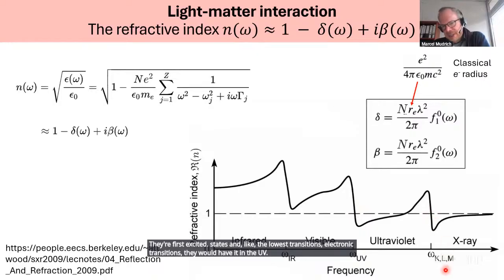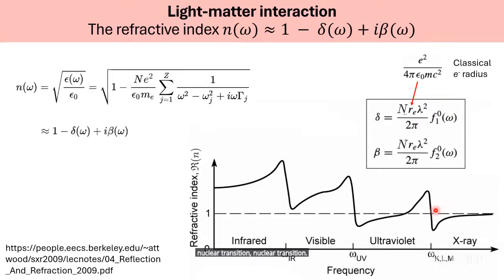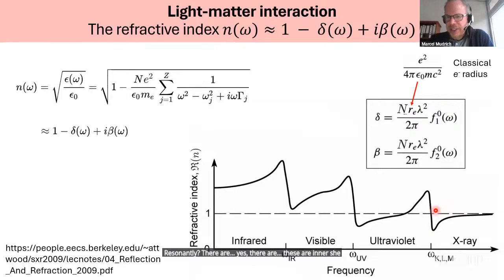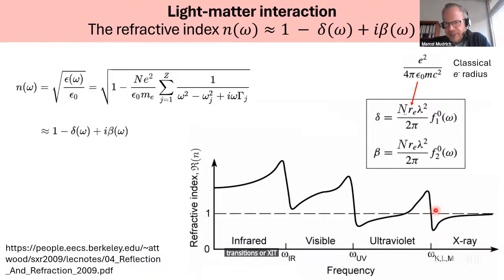So what is omega KLM? What kind of degrees of freedom do we now excite in the X-ray, resonantly? Inner shell or even core shell transitions, excitations or ionizations. KLM is the naming of the different shells.